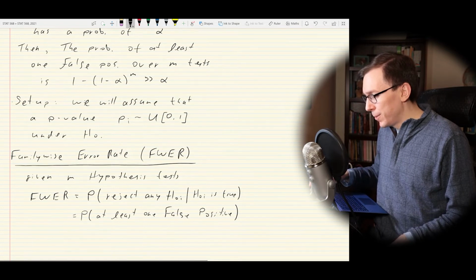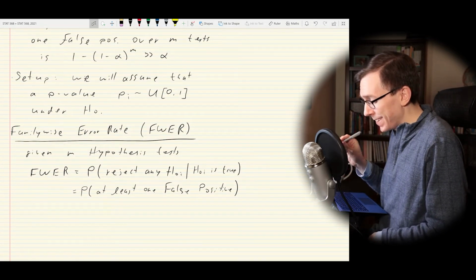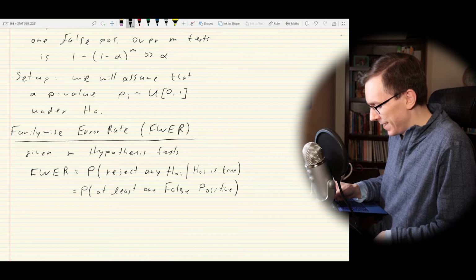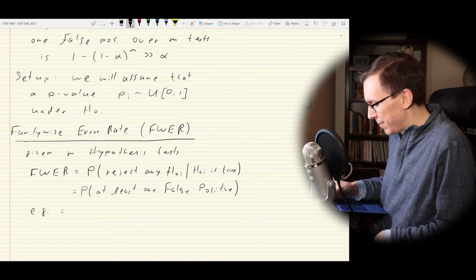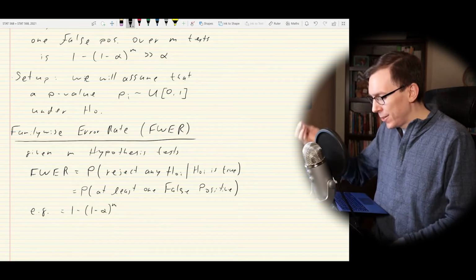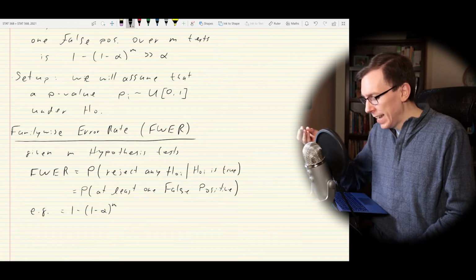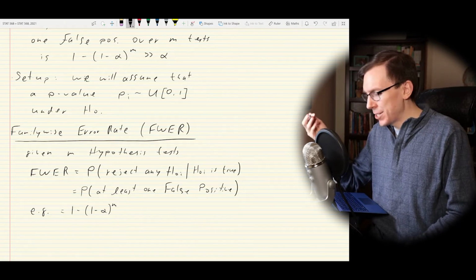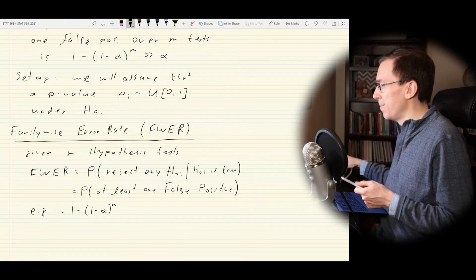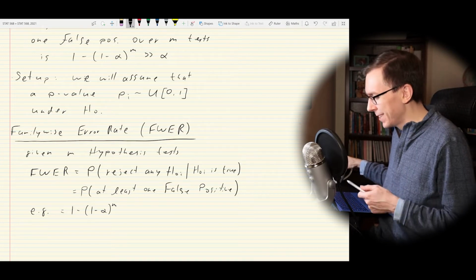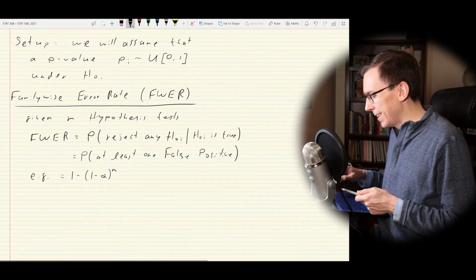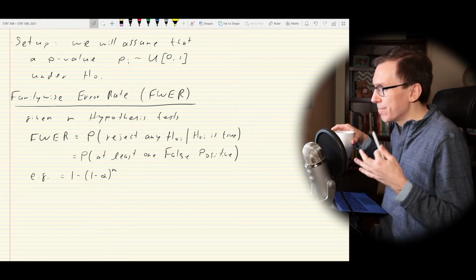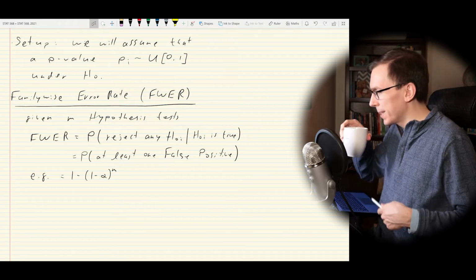So in the example from above, the family-wise error rate, if I do M hypothesis tests without any corrections for multiple testing, I would get a probability of 1 minus alpha to the mth power, which, if you work that out, can be quite a lot bigger than alpha, even if M is not quite big.